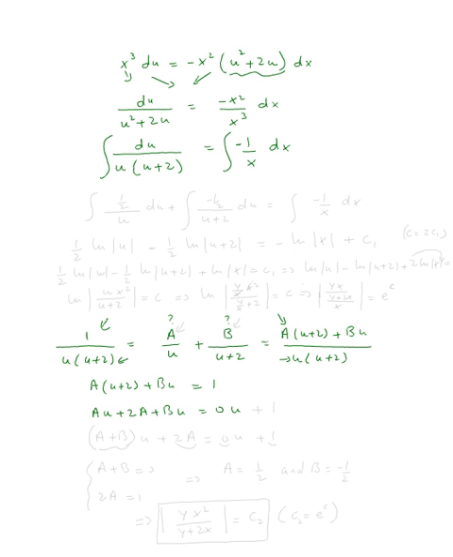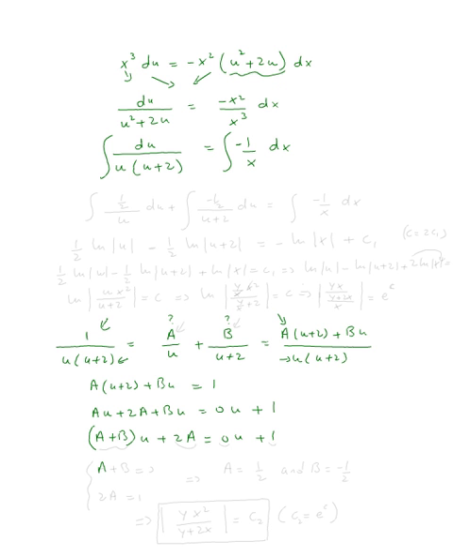1 is the same thing as 0u plus 1, right? Now I'm factoring the u. a plus b times u plus 2a is equal to 0u plus 1.